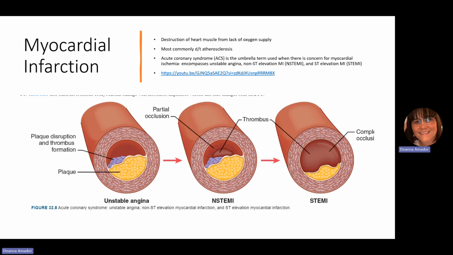So that's really good to look at too. You can still have EKG changes with a non-STEMI. A lot of times those will show ST depression or T-wave inversion on an ECG. And then a STEMI, obviously, we know that's ST elevated. So you have ST segment elevation.